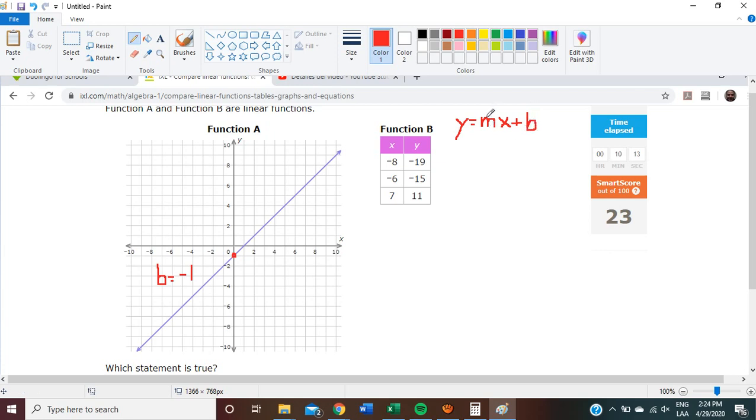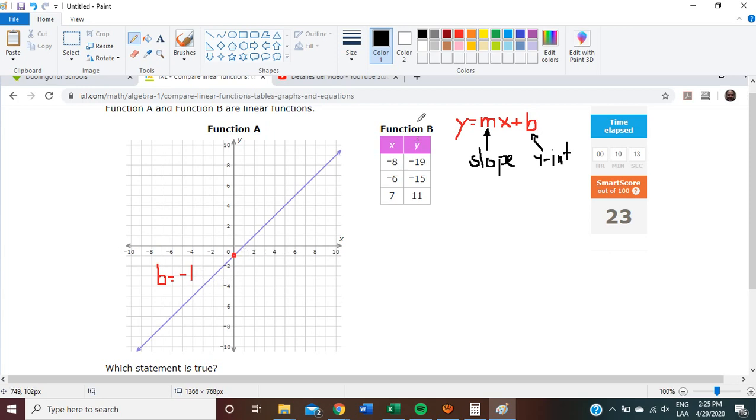Remember, m was the slope, and b was the y-intercept. So here we know that the y-intercept in this function is -1.